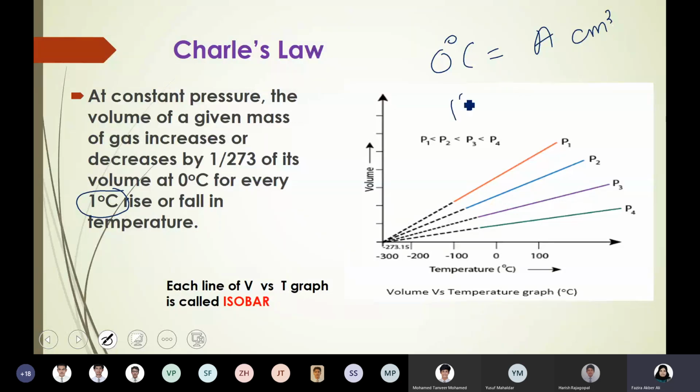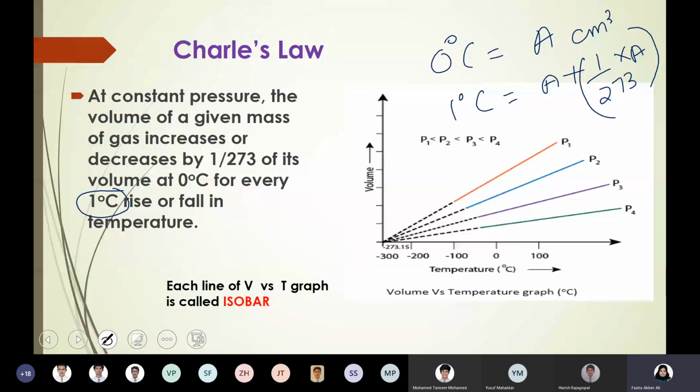So at 1 degree Celsius, if you're increasing, the volume will be A plus A by 273. So every 1 degree centigrade increase in temperature gives a proportionate increase in volume, and that value will be 1 divided by 273 of its volume. So this much increase will happen by an increase of 1 degree Celsius.